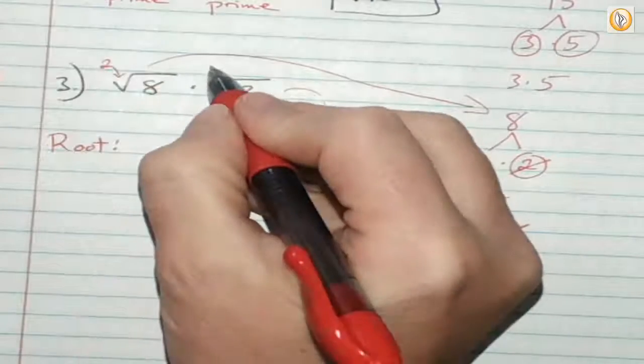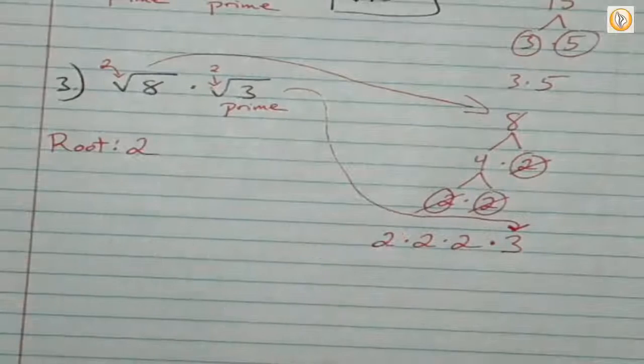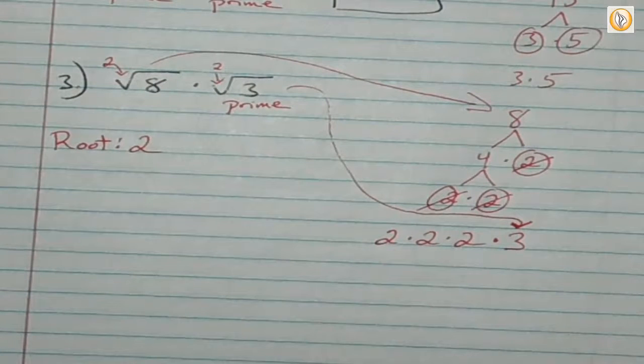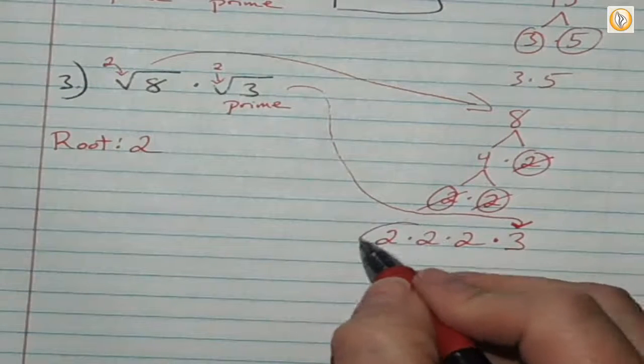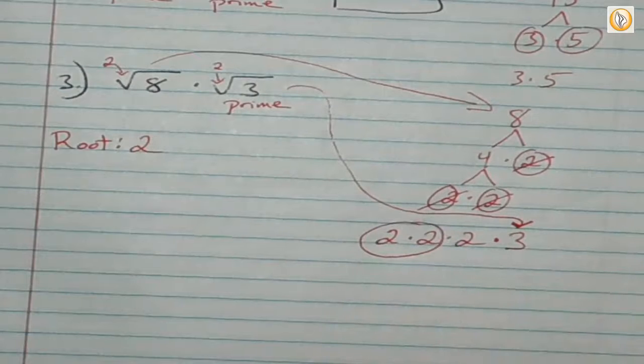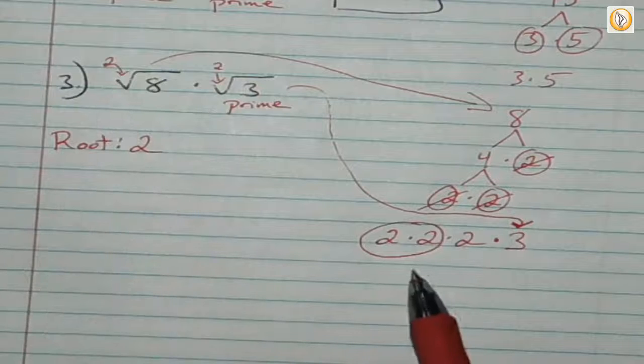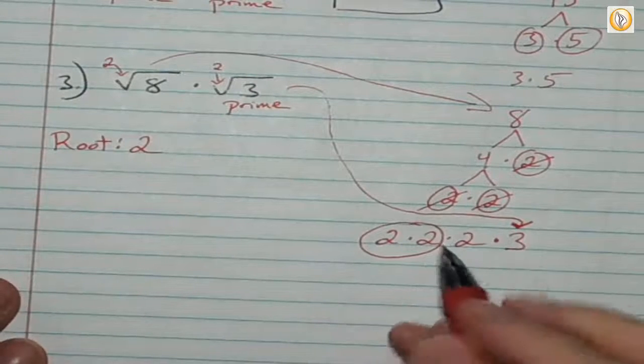So we assume it's 2. So my root is 2. Now, Valeria, what does that mean I do? Group by groups of, yeah. Yes, Miranda. No, you won't have that. Good question, though. Okay, so if my root is 2, I'm grouping by 2.